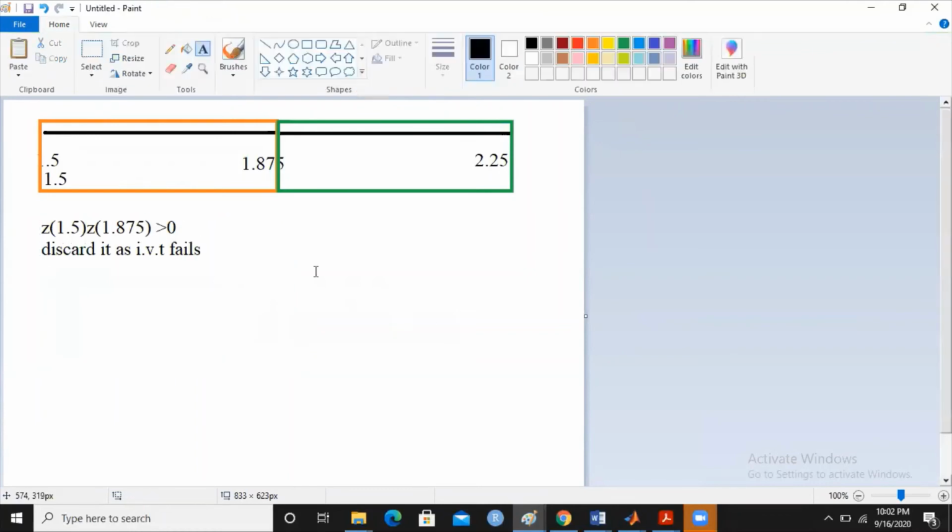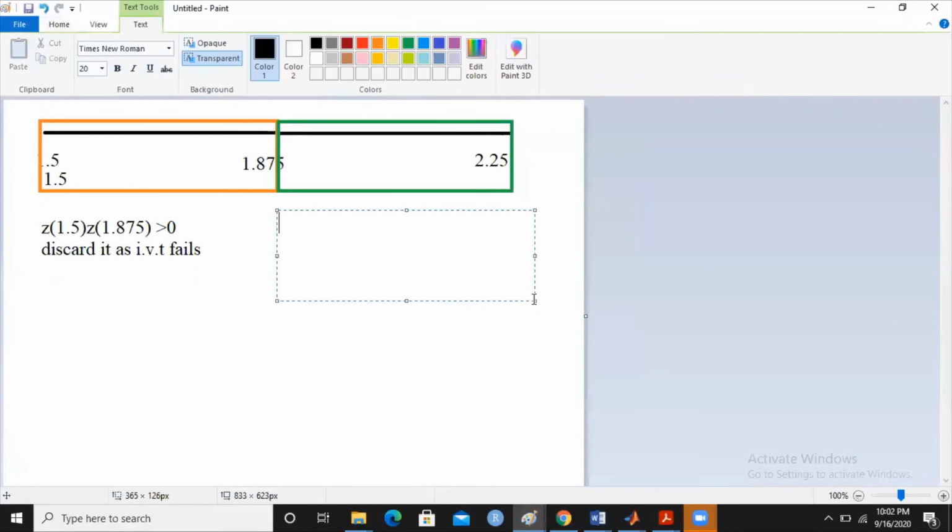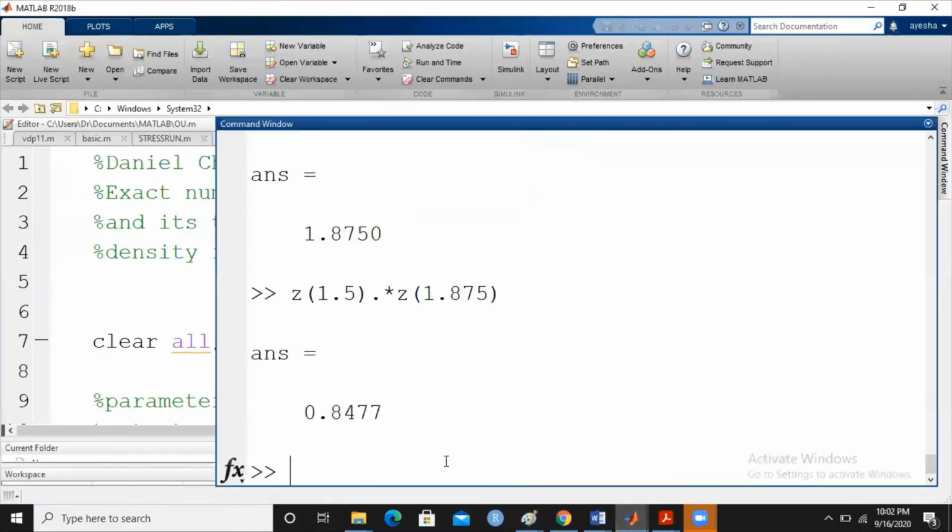as the intermediate value theorem fails. Next we have here z of 1.875, z of 2.25. Let me check it. Bring your calculators and do the calculations with me. z of 1.875 dot star z of 2.25.